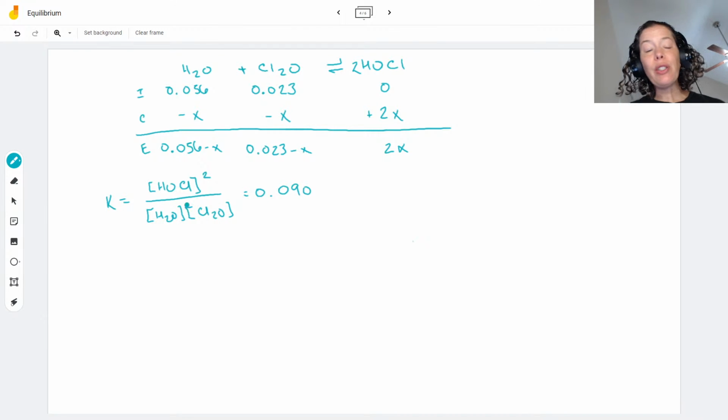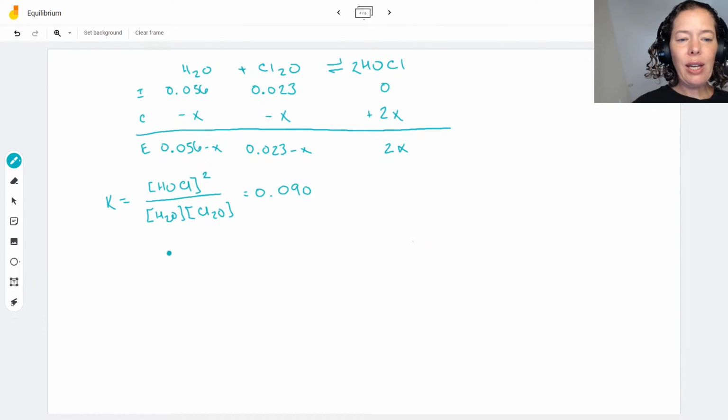So now I'm going to take my equilibrium concentrations, plug them into K, and solve for x. Here we go. My concentration of HOCl is 2x. Don't forget to square it.